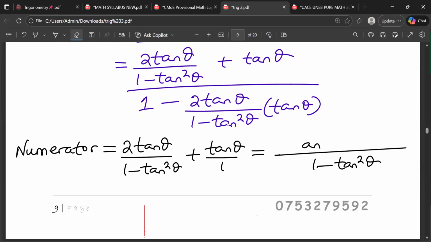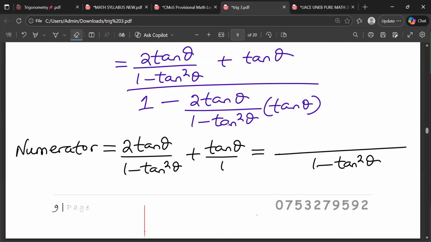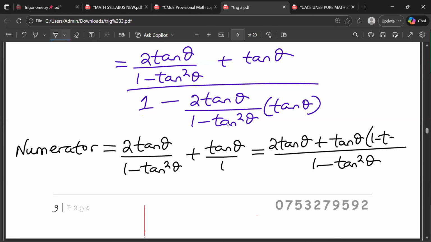If at all you people know how to add fractions, I really don't think this can be a problem. 2 tan theta plus this one divided by 1, then you multiply it with tan. I don't know if people get that step.